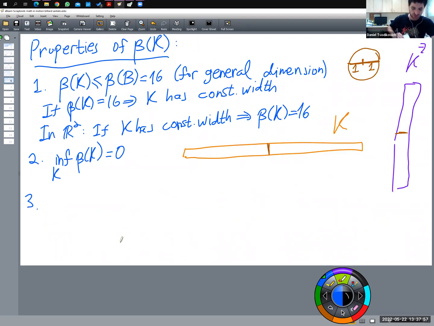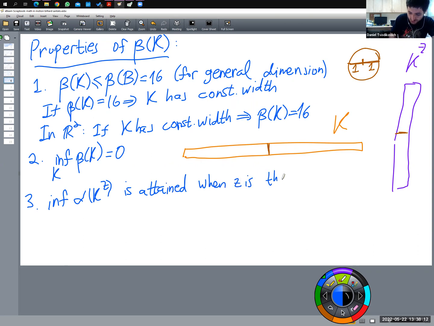In fact, we can show that the infimum of alpha of K, z is attained when z is the midpoint of a diameter of K. So we find the segment of maximal length that is contained in K, and its midpoint will attain the minimum.